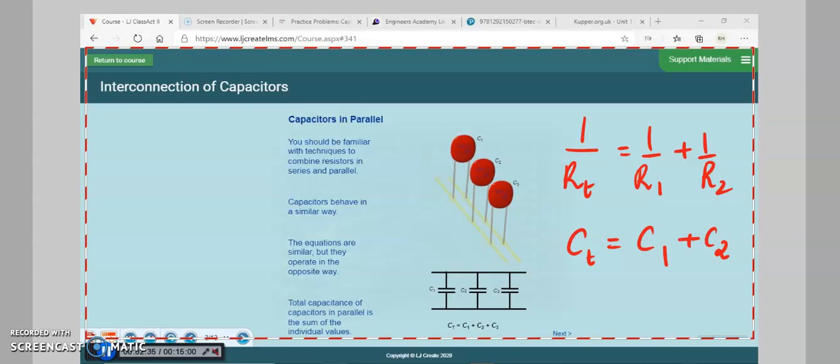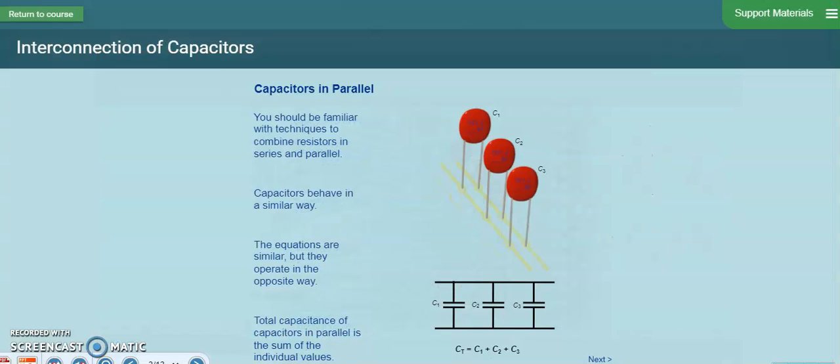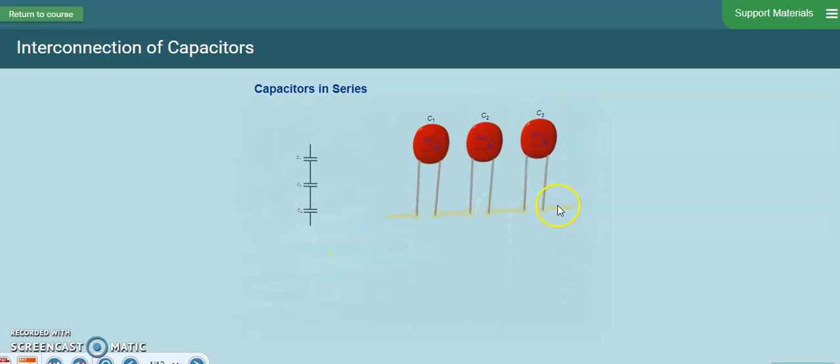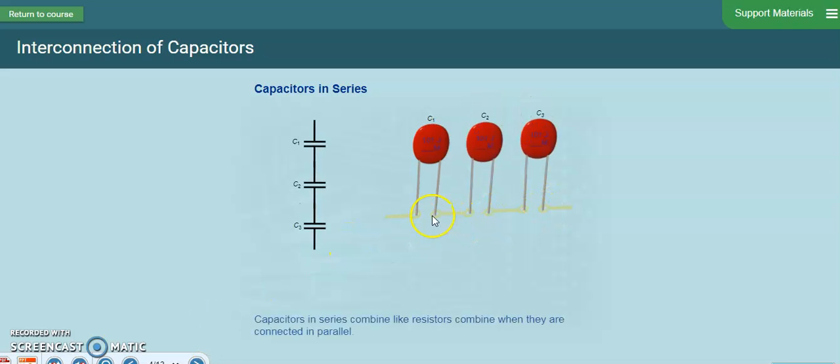So the total capacitance of the whole circuit is going to be equal to the sum of individual capacitances in the circuit. Now moving on to the next one. This is capacitors connected in series format. You can see one leg of the capacitor is connected to the other leg of the capacitor through a wire.